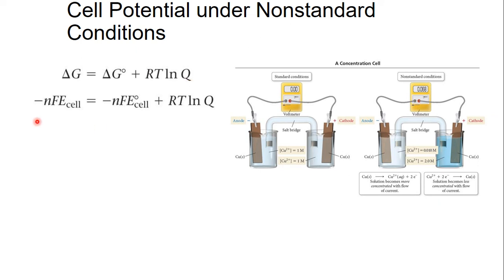And you also have minus NF E cell equals minus NF E naught cell plus RT ln Q. What I'm doing here is just rearranging equations. We don't need to know how we did that, just that this is the rearranged equation.